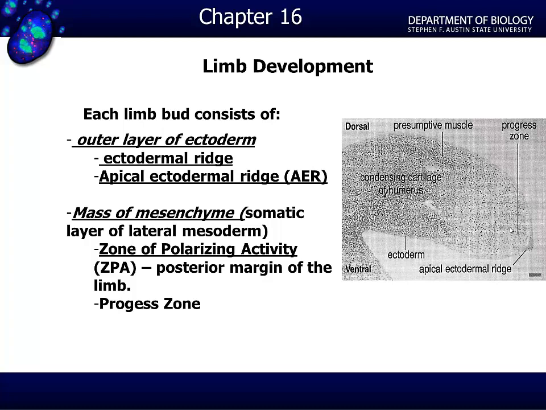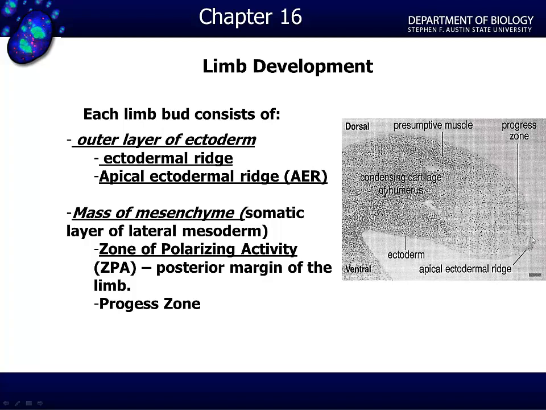Those are the three dimensions that we're going to deal with when we talk about our developing limb. Now, the other way we can describe a developing limb essentially is an outer covering of skin. In this case, this is going to be our ectoderm. And the majority of our ectoderm that's covering it, once we get to this very distal zone and then going completely around the periphery like a belt around your waist, is going to be raised columnar type epithelial cells that we call the ectodermal ridge, and we'll see that in the next slide.